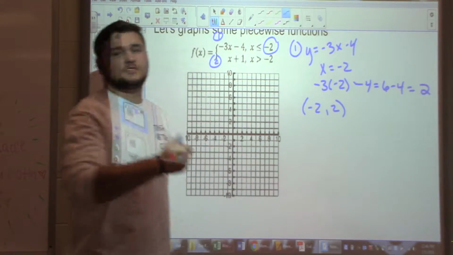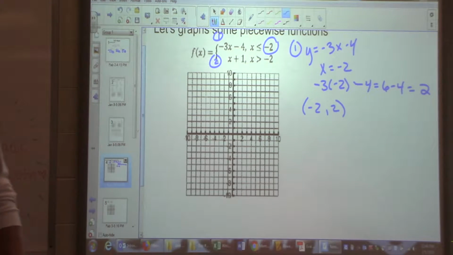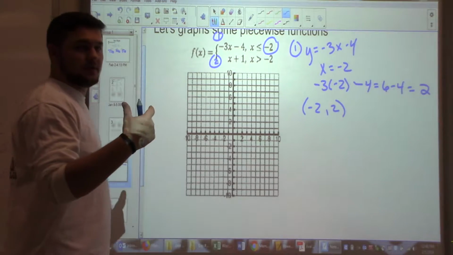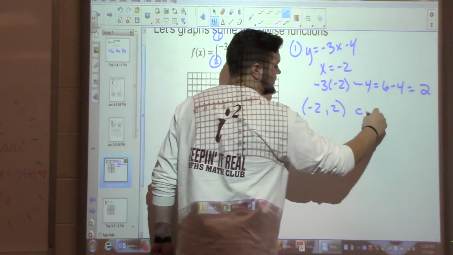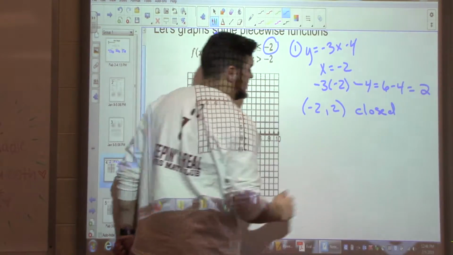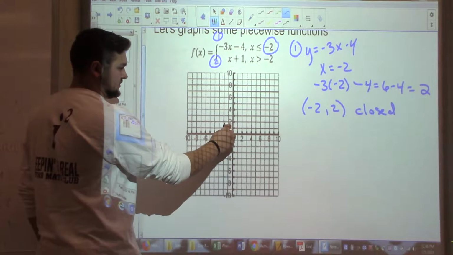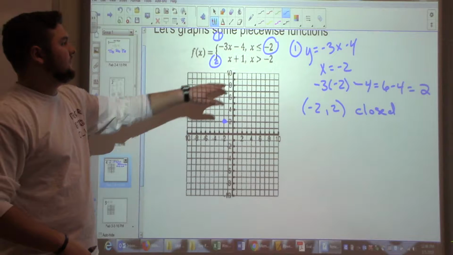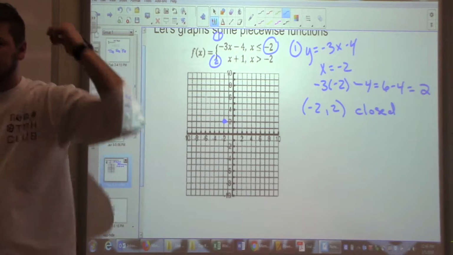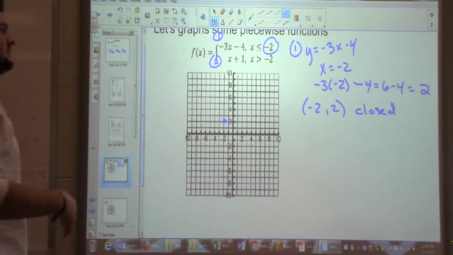So at negative 2, 2, I have an endpoint. Is it an open or closed endpoint? Closed. It's "or equal to" here. So this is closed. Okay? So at negative 2, 2, I have a closed endpoint. Then I need to find one more x that is less than or equal to negative 2.